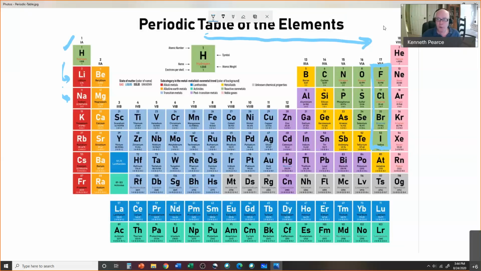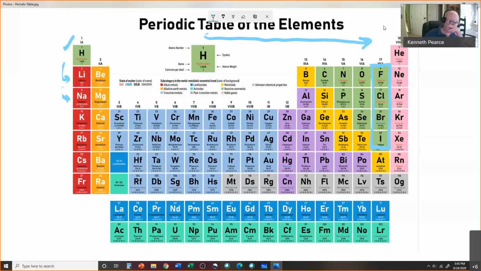If you take fluorine, chlorine, bromine, or iodine, they may have different physical properties, but chemically they behave very similarly. Okay. And so if you organize this so that every row repeats chemical properties from the previous one above it, you end up with this arrangement right here.